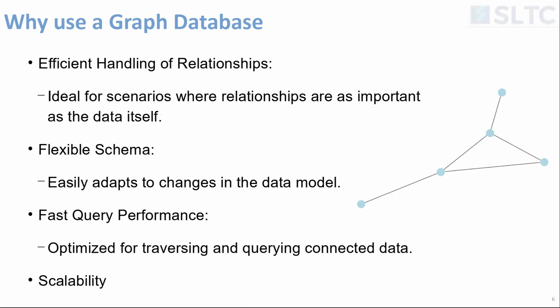Then fast query performance. I told you, unlike the traditional 2D SQL setup where you will have a query inside another query, here it's very simple, very straightforward. So they are optimized for traversing. What does it mean by traversing? Traversing means going from one node to multiple nodes, right?